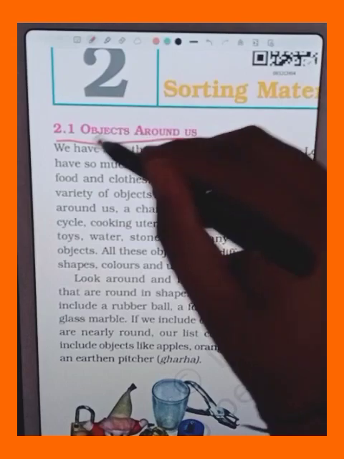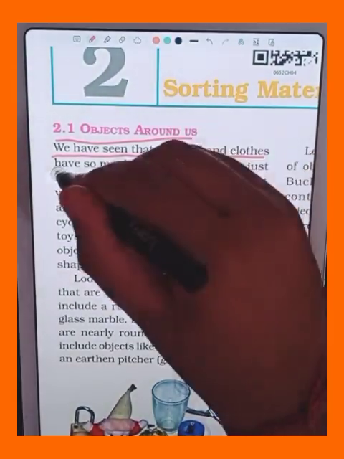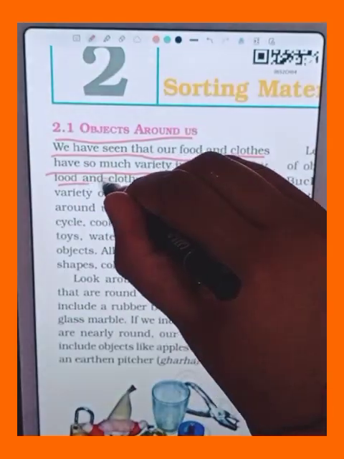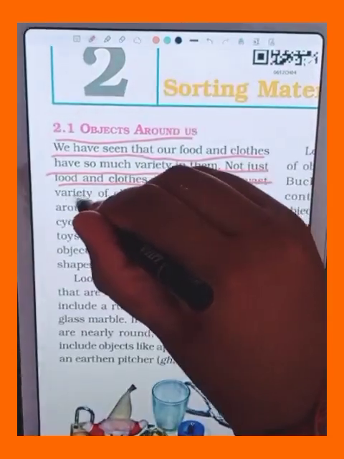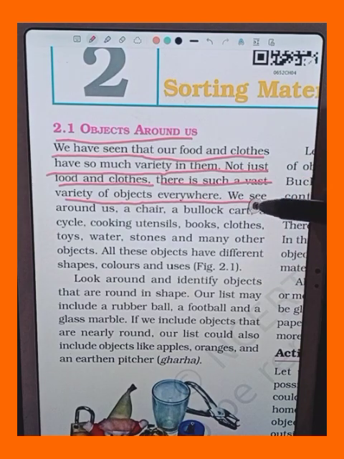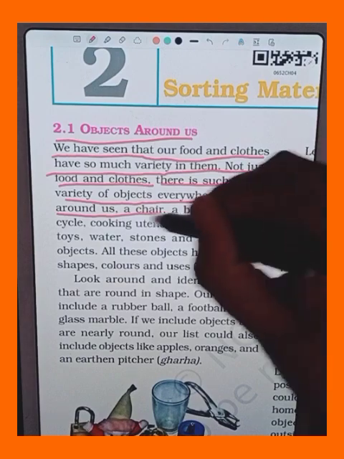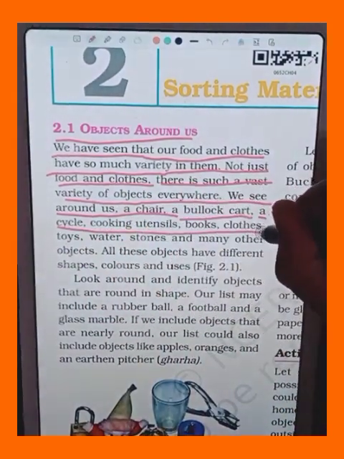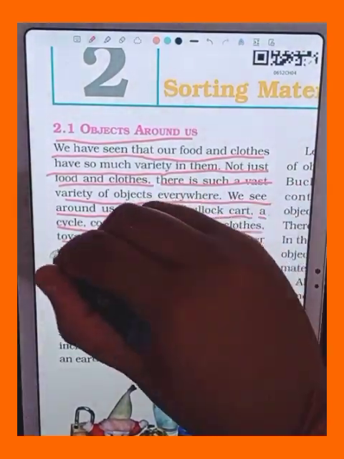We have seen that our food and clothes have so much variety in them, not just food and clothes. There is such a vast variety of objects everywhere around us: a chair, a bullock cart, a cycle, cooking utensils, books, clothes, toys, water, stones, and many other objects.